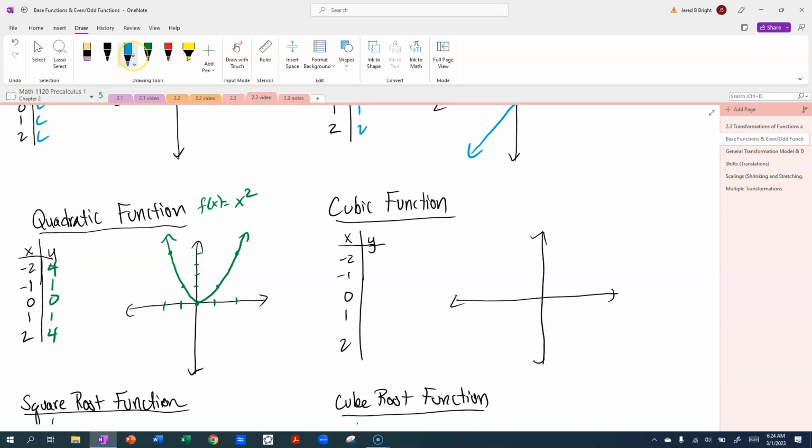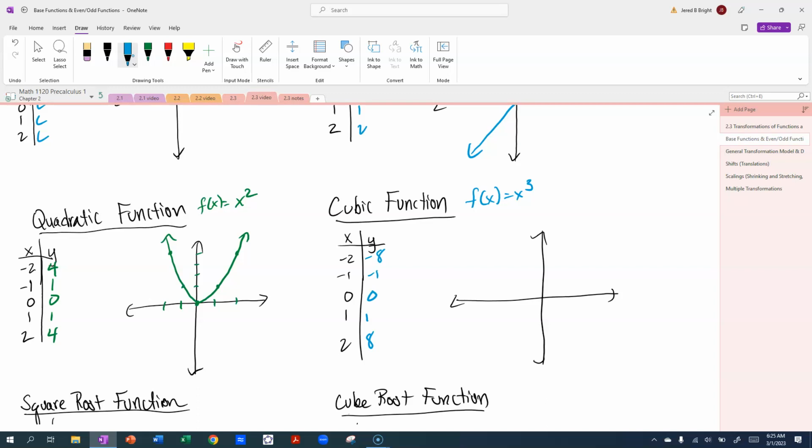Next function that we see is a cubic function. So its base graph looks something like x cubed. Again, there could be a squared term, first degree term, and a constant term in there, but our base one looks like this. So again, just substituting in 0, 1, 8 for the positives, and then -1 cubed, so that's -1 times -1 times -1 is -1. -2 cubed would be -8.